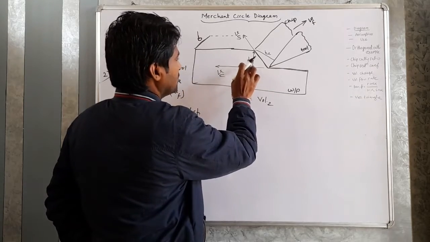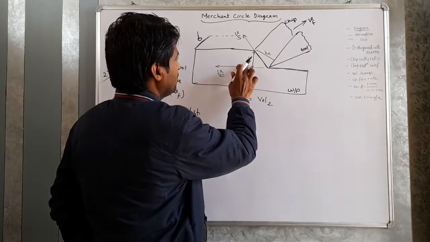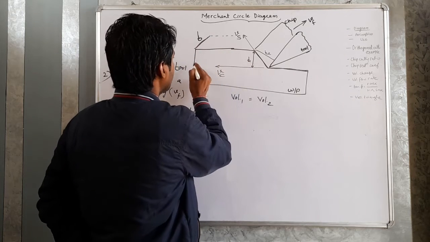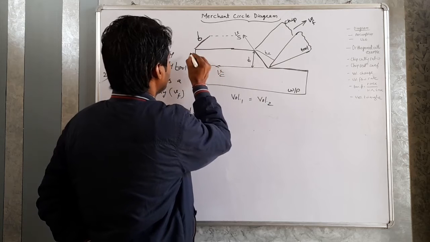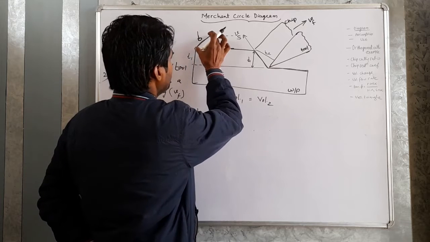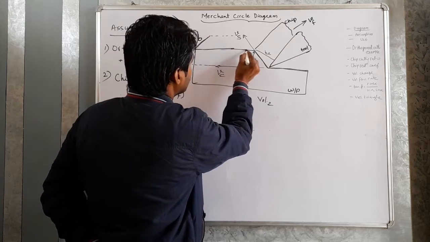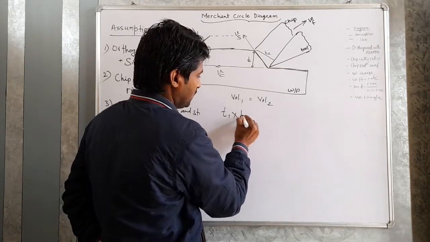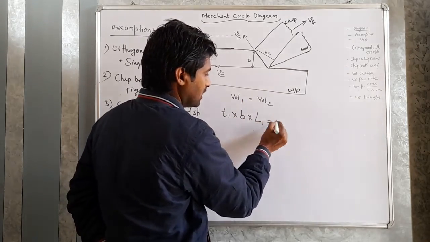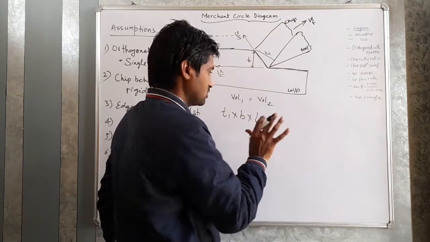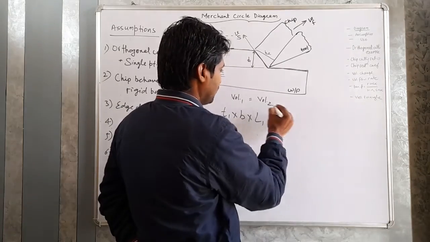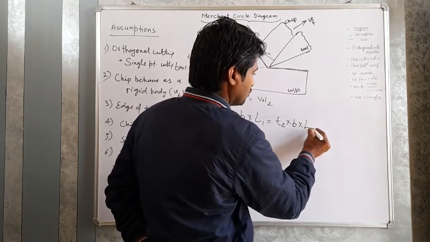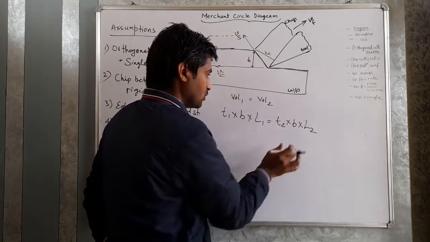This will be T1, this area we will find. This one is T1 into B into this length L1. T1 into B into L1. L1 is the uncut chip length. And volume 2 will be T2 into B into L2. L2 is the chip length. Okay.